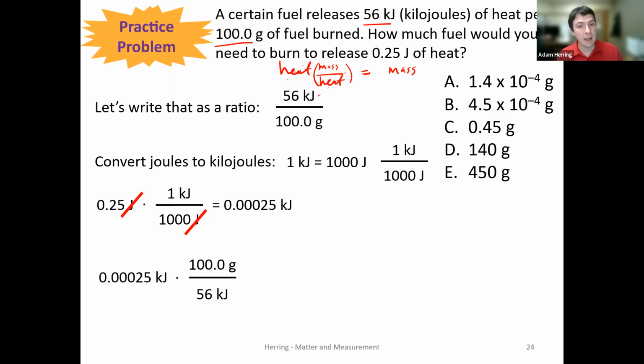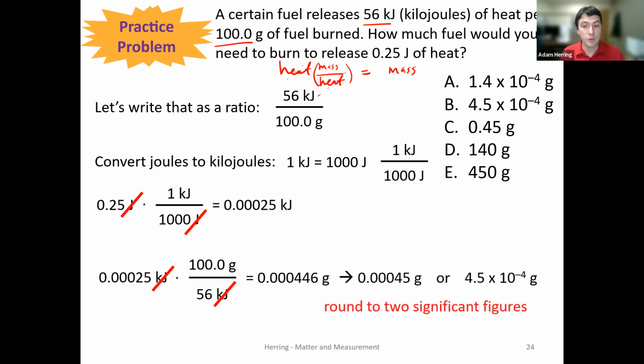The way that you can tell is by evaluating what units you would get when you multiply. So, pro tip, always write out your units. Always, always, always. When we do this, our units of kilojoules cancel, and we're left with grams. When we round to two significant figures, we get 4.5 times 10 to the minus 4 grams. That's an answer choice of B.